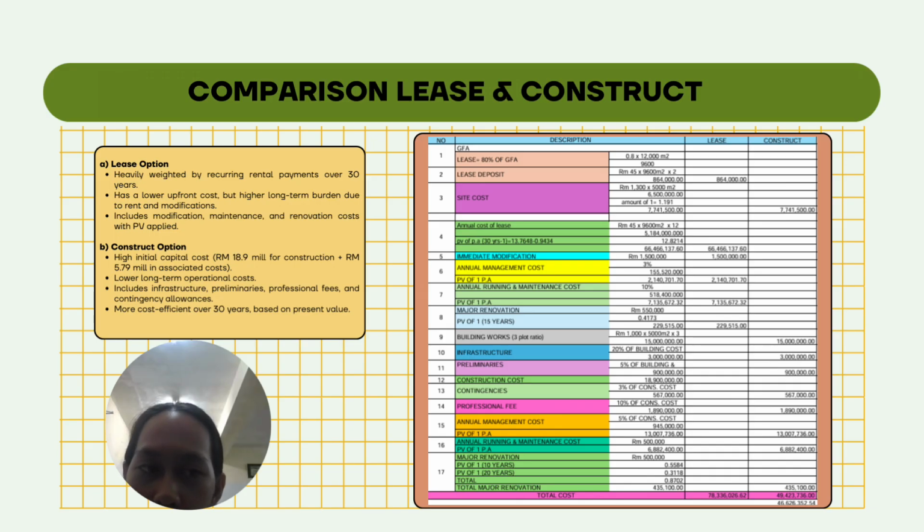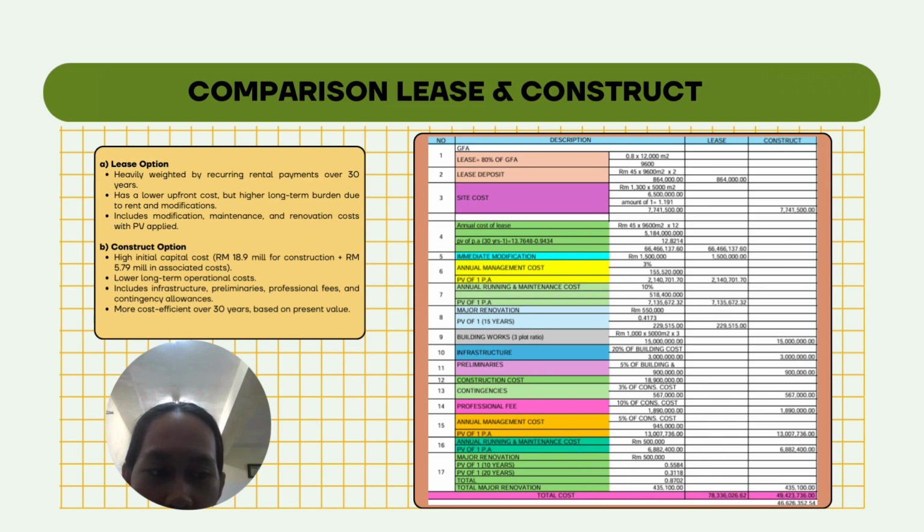Good afternoon, everyone. Today I will be talking about a simple but important question: should we lease a building or construct our own? To find the answer, we look at the life cycle cost, which means we don't just look at the price, but at all the costs over the next 30 years. Let's start with leasing.